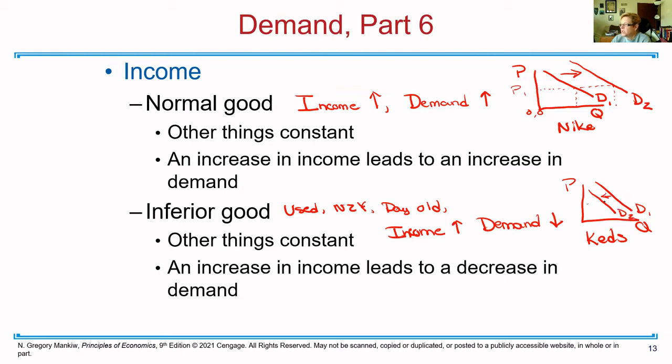Notice the price didn't change, but the quantity went down, Q1, Q2. Now, anytime I draw arrows in these slides, the opposite is also true. So let's just look at this and say, what if you lost your job, right? Now your income is decreasing.